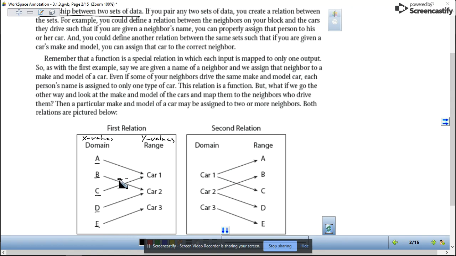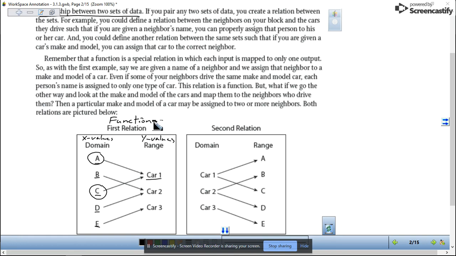B only goes to car 2. C only goes to car 1. D only goes to car 2. And E only goes to car 3. It's okay that different domains, like A and C, are both going to car 1. That's still a function. So this one is a function. Each input can only go to one output.